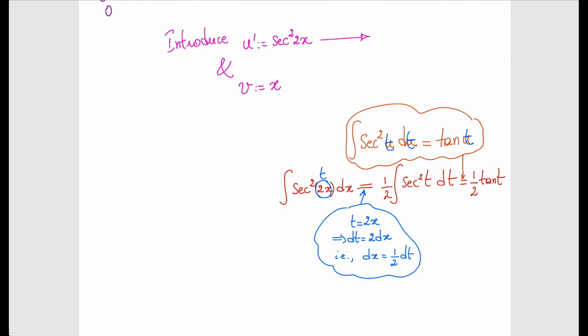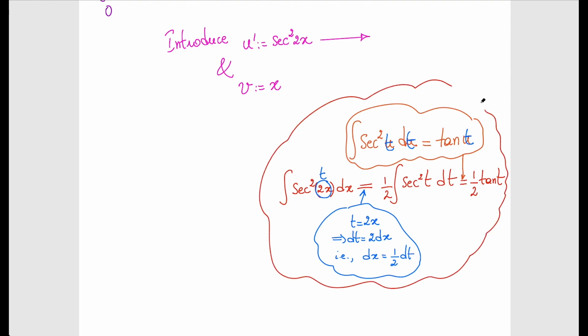So all this is what's going on to transition from this side to this side. So I'm going to write now u to be this entity, half tangent t. And how much was t? 2x, right? So for completion, this is equal to half tangent 2x.